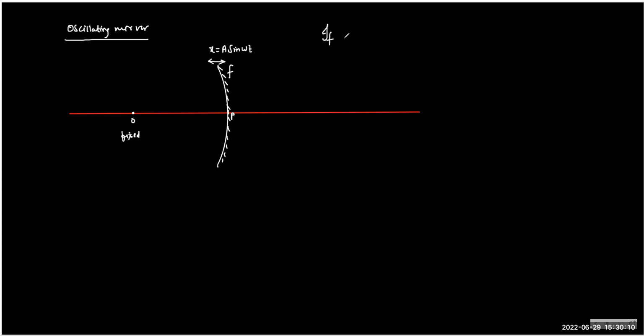If A is much less than F, find the amplitude of oscillation of the image. So if the mirror is oscillating, then what is the amplitude of oscillation of the image? That is what you have to calculate.